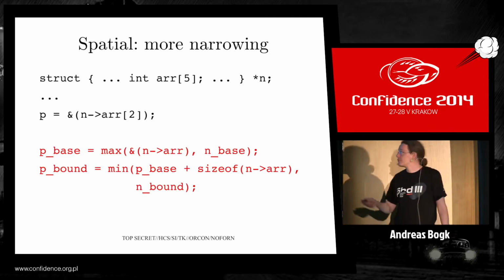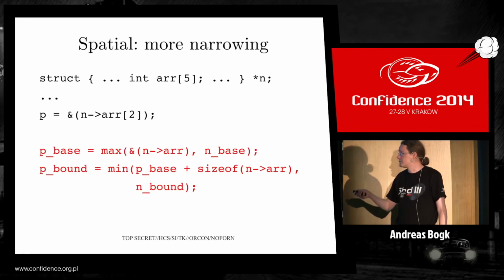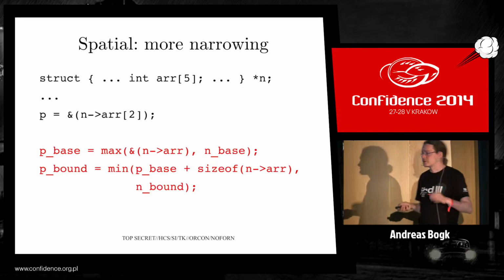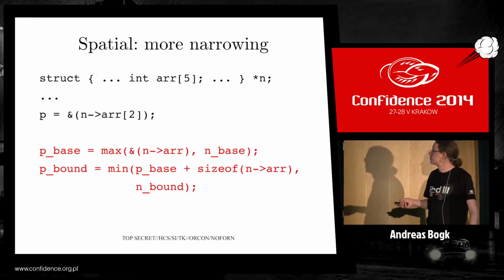Of course, I can also do that for an element of an array inside a structure. I have to do more narrowing here, another special case. You don't need to understand that in detail right now. Just know that the software takes care of it for you.